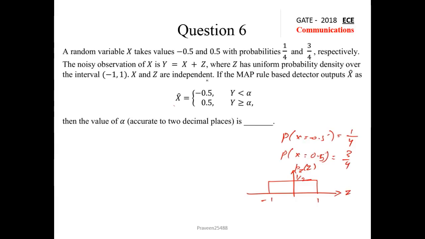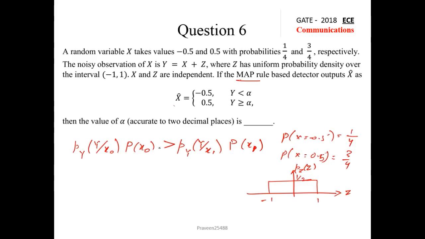So now according to MAP criteria, maximum a priori probability criteria, the PDF of received symbol y given x0, multiplied with the probability of x0, should be greater than the PDF of received symbol vector y given transmit symbol vector x1 multiplied with the probability of x1.